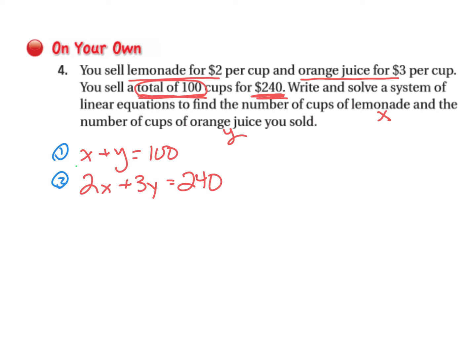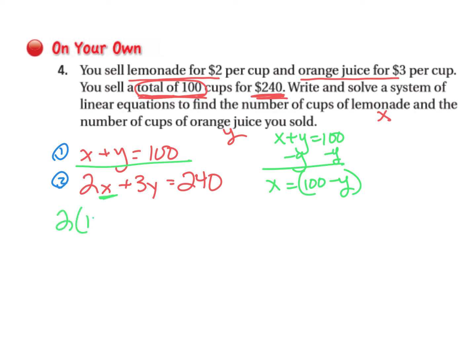So I'm going to take this equation, x plus y equals 100. I'm going to subtract y. So x equals 100 minus y. So there's my expression for x. I'm going to plug it in here. So 2 times 100 minus y plus 3y equals 240. I'm going to simplify.